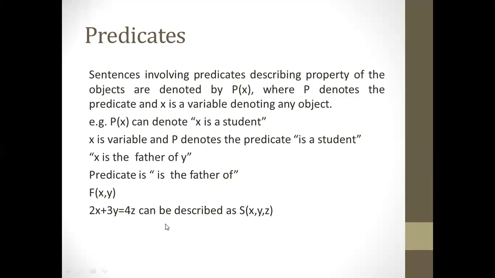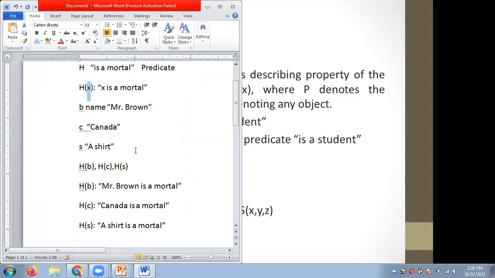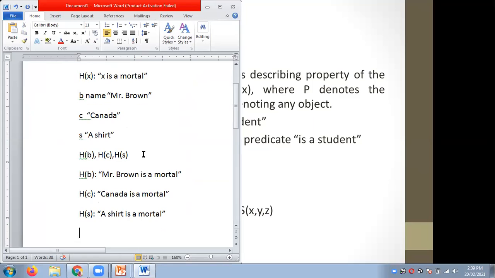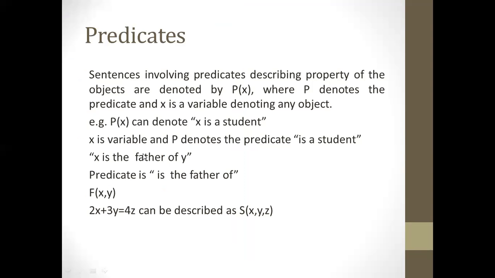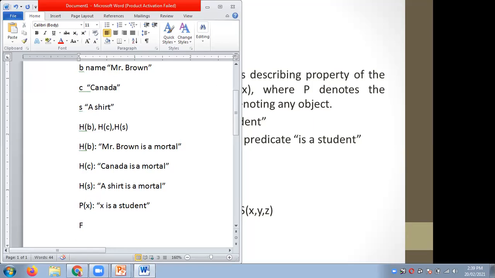So how many predicates have we seen? P of x, where x is a student. Then F of x comma y, x is a father of y.